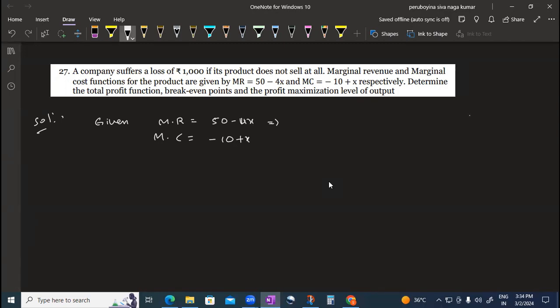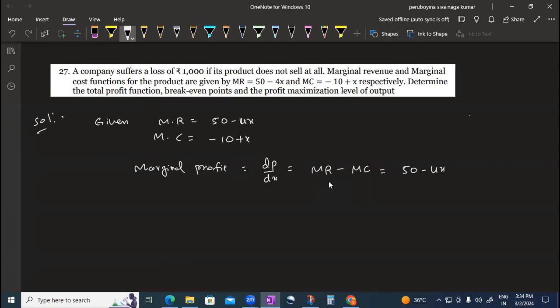From marginal revenue you can get marginal profit, or you can say simply dp by dx is equal to marginal revenue minus marginal cost.